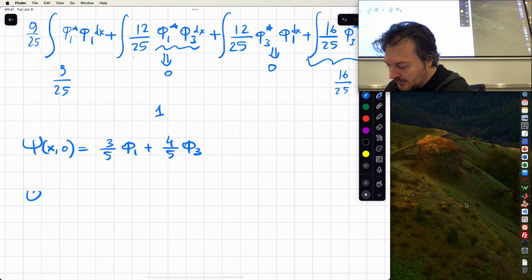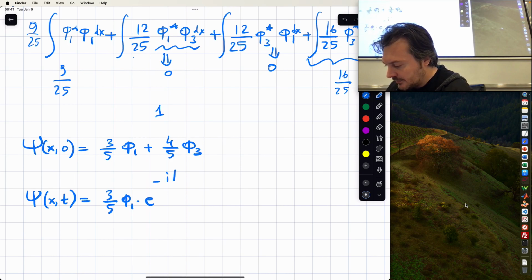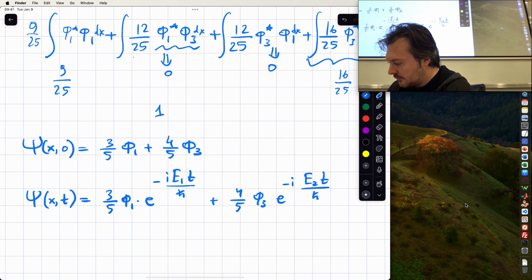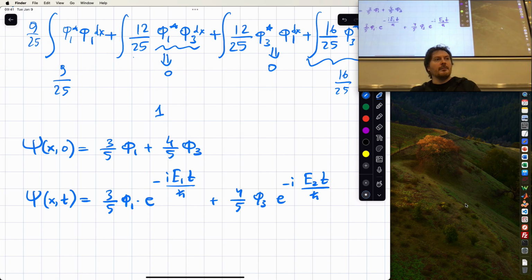X of t is 3 over 5 phi 1, I just add these time parts. Do you agree with this? Very good point. E3.